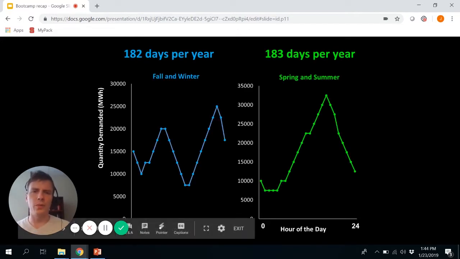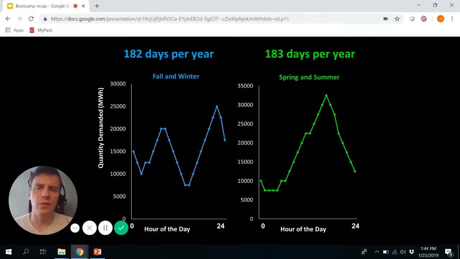So we're going to assume that there are two categories of days throughout the year. There are 365 days in a year, and 182 of those we'll characterize as fall or winter days, and 183 of those we'll characterize as spring or summer days. Each one of these types of days has a distinct hourly electricity demand pattern associated with it. You can see the difference between blue and green here.